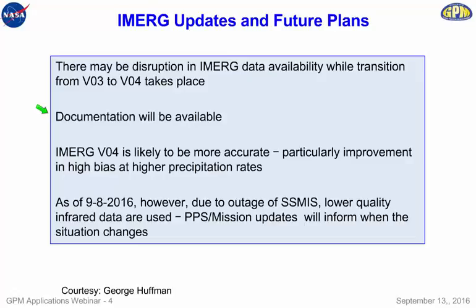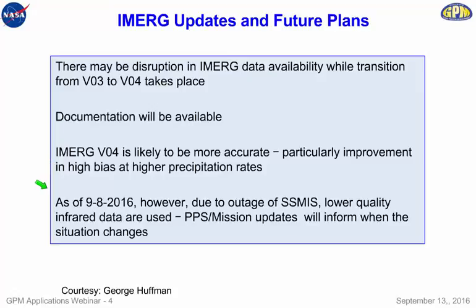Detailed documentation is always available online from the PMM site. In IMERG, particularly in version 3, it has been noted that at the higher end of precipitation, IMERG overestimates precipitation, so there is a high bias, but with the new version, that should be less so, and the bias should improve at the higher end.